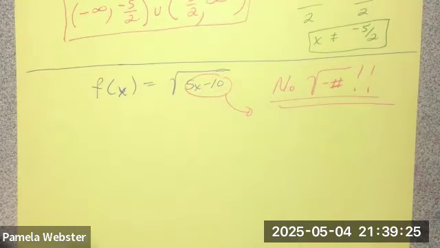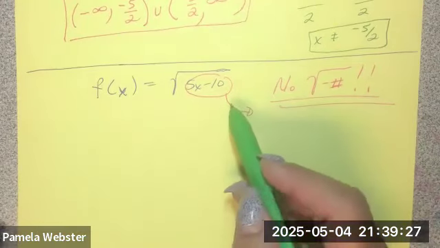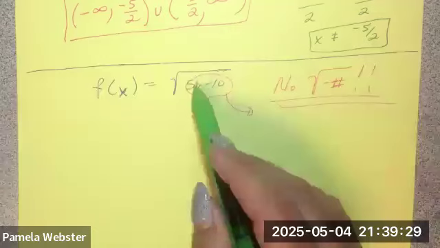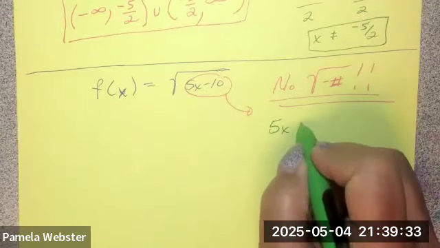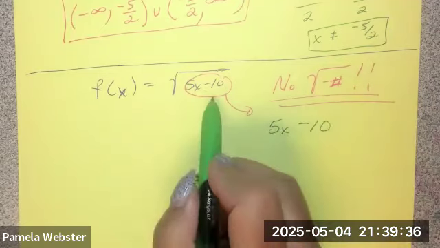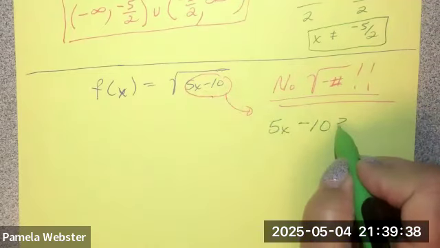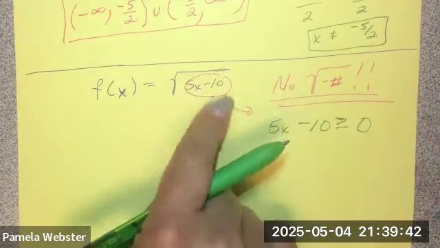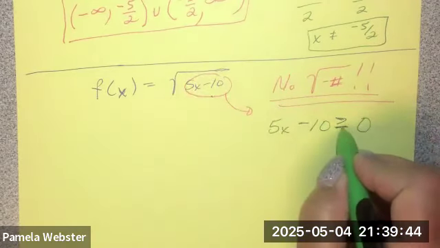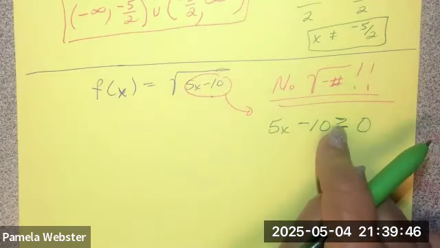So again, how do I make it so that I know the value that gives this guy a negative number? Well, here we say let the stuff inside, 5x minus 10, be greater than or equal to 0. Square root of 0 is okay, so the equal sign is okay. But what does that square root do?